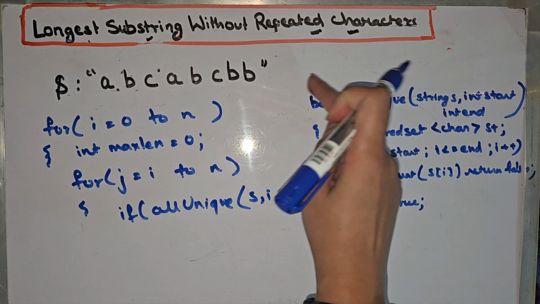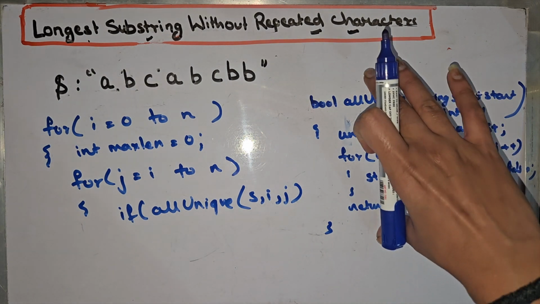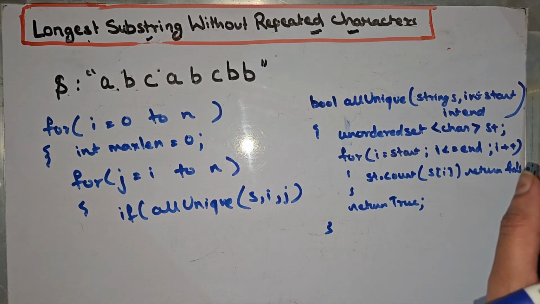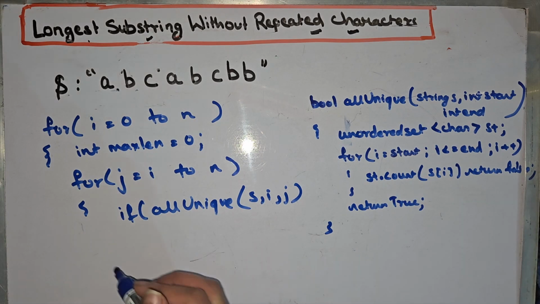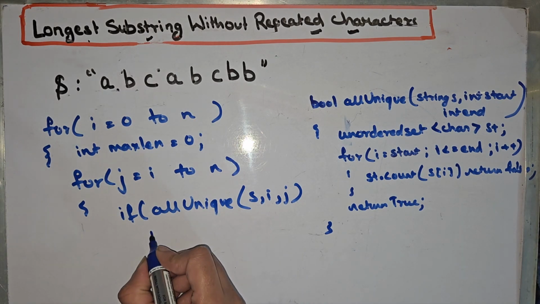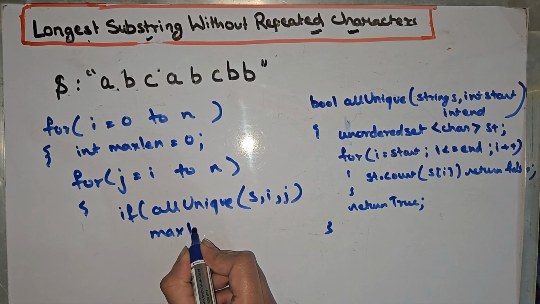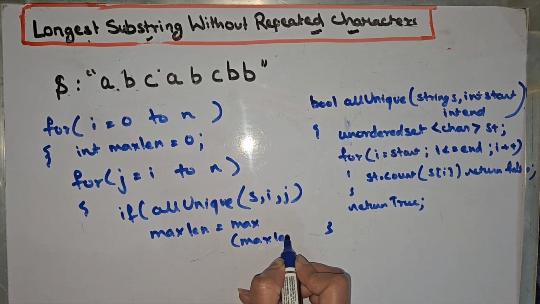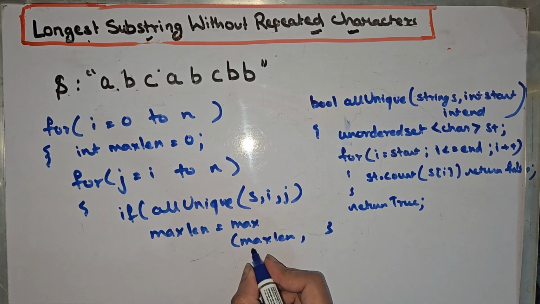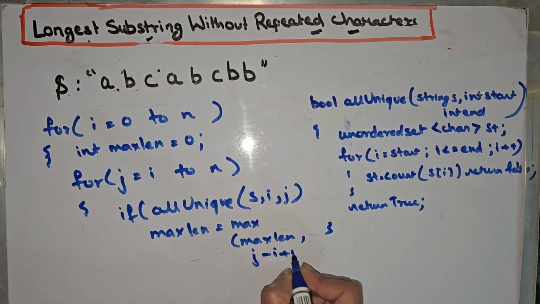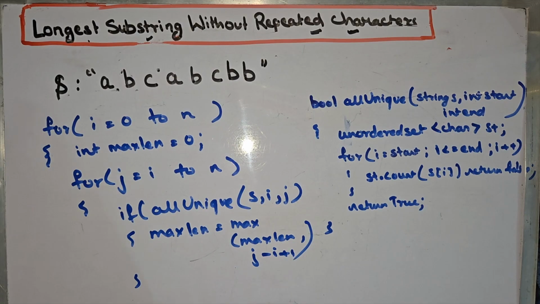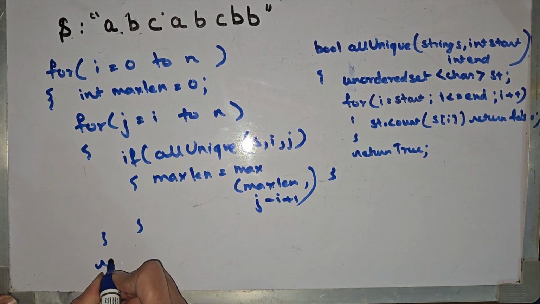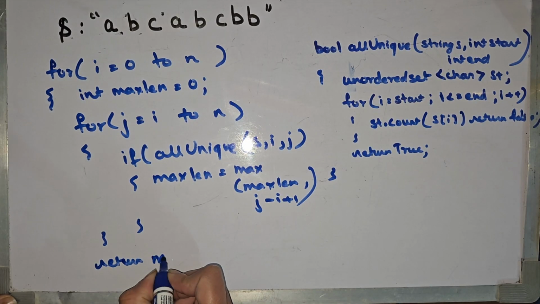I have already declared this function here, and this will check if the characters are unique or not in the string. And if they are unique, we will update our max length. So this will be max of max length or the current length, which is j minus i plus 1. And at last, we will return max length.